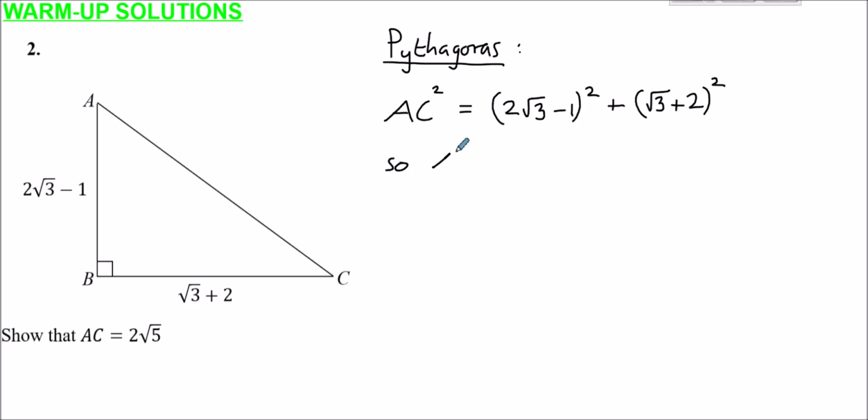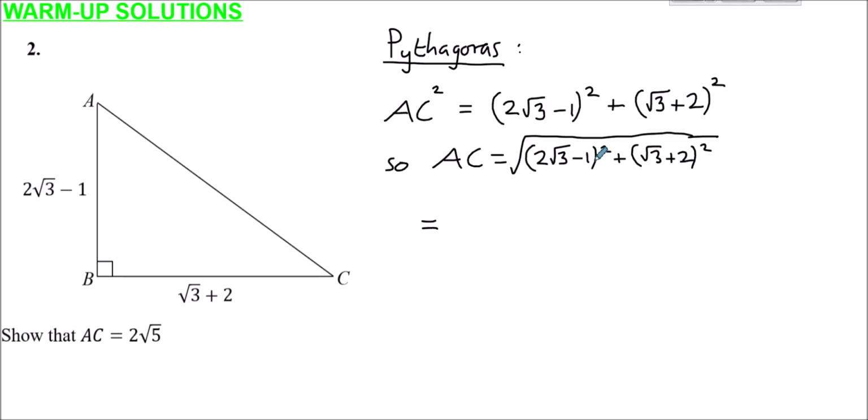So to work out AC, we just square root this whole thing. It's going to be the square root of 2√3 minus 1 squared plus whatever √3 plus 2 squared is. All of that summed and square rooted.